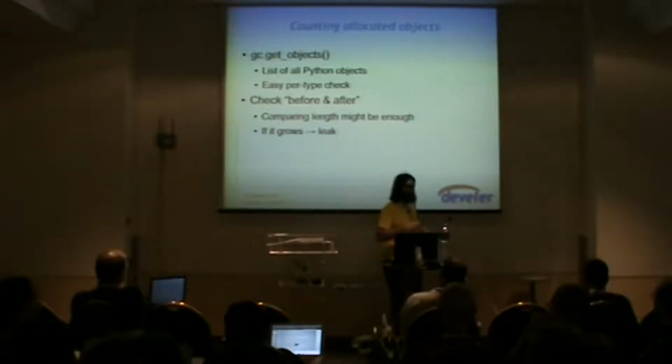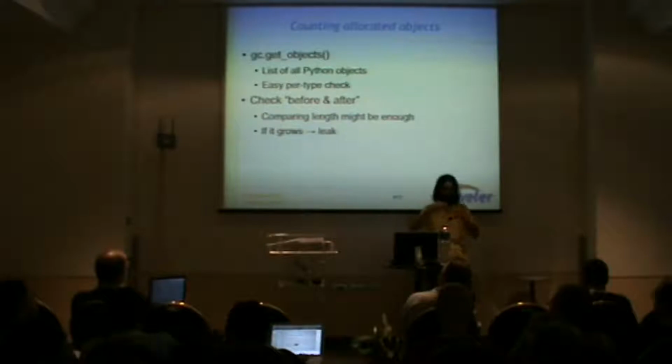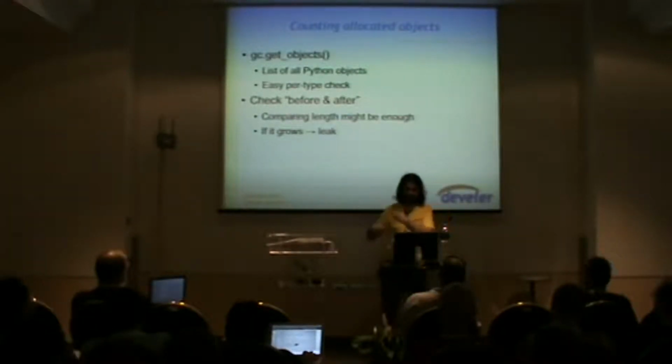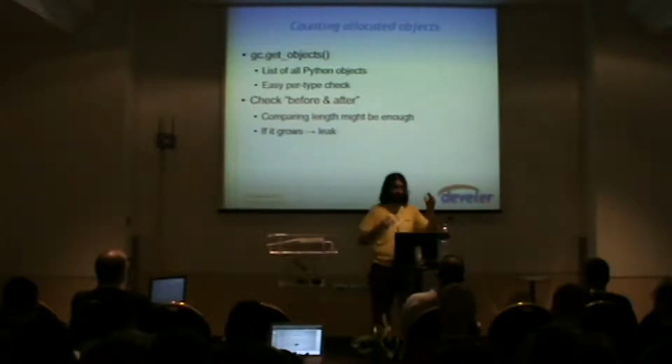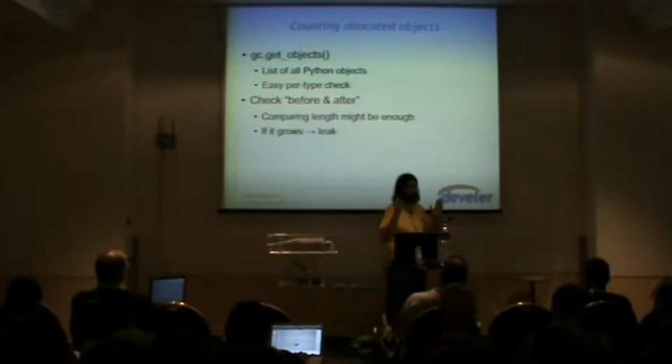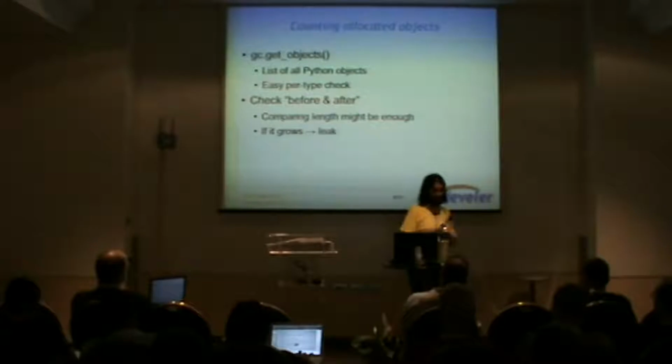If you think that nothing more is being created, your statistics should match, and if they don't match, probably there is something that has leaked through. So for instance, if the list grows, there are more objects in your environment. If you think that before and after the list should have the same size, but it doesn't, it means that what you've done in between has leaked some objects, okay?